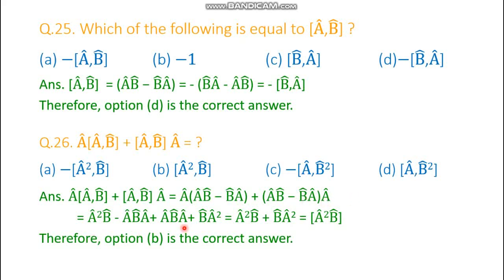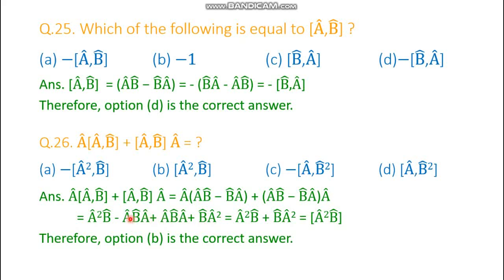Okay, now multiply. This means a cap squared b cap, this means a cap b cap a cap, this means a cap b cap a cap, and this one means minus b cap a cap squared. So this is the result of the multiplication. Same thing, a cap squared b cap minus a cap b cap a cap plus a cap b cap a cap plus b cap a cap squared.